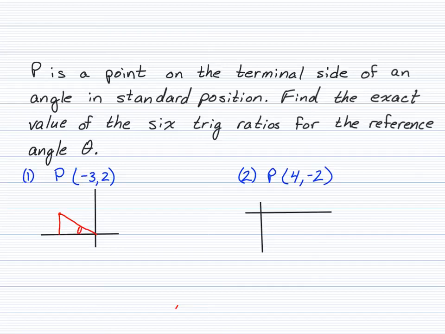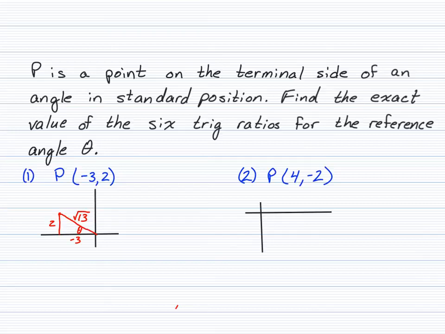All right, the reference angle theta is right here. This side is negative 3, and yes, we do need to keep the negative on this. This side is 2. Doing Pythagorean theorem will give you square root of 13 for this side.